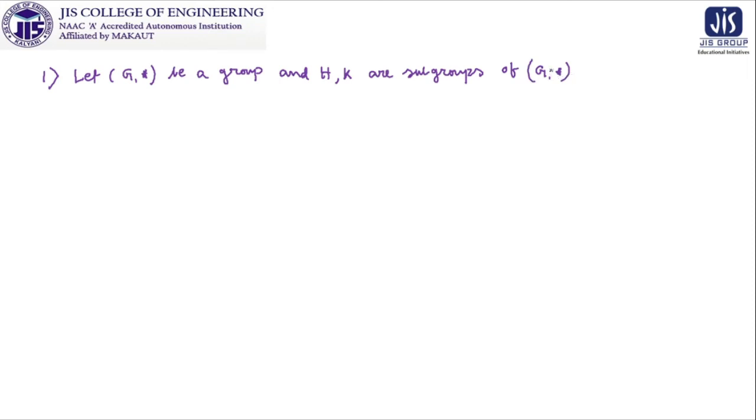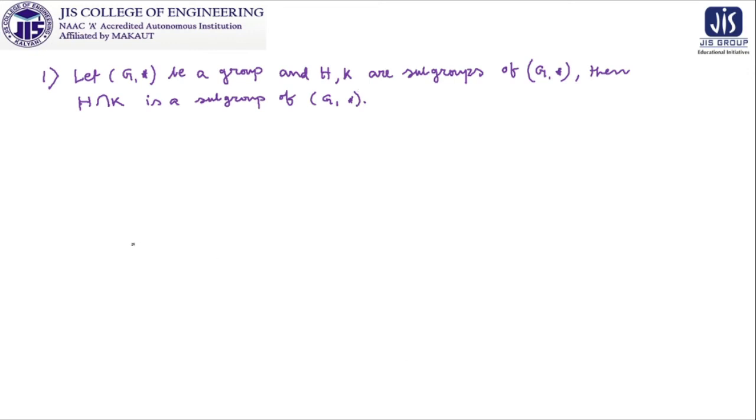The property tells us that let G composition be a group and H, K are subgroups of G composition, then H intersection K is a subgroup of G composition. It's a very important and strong result.